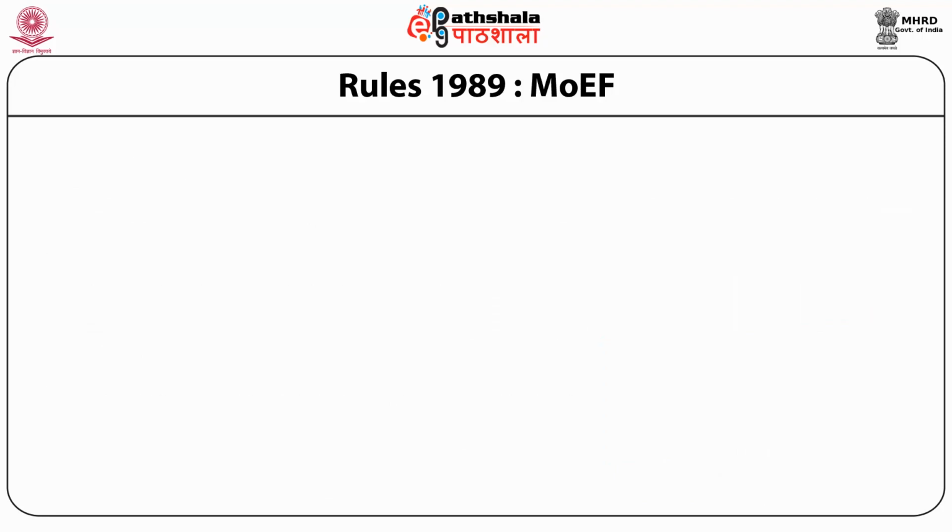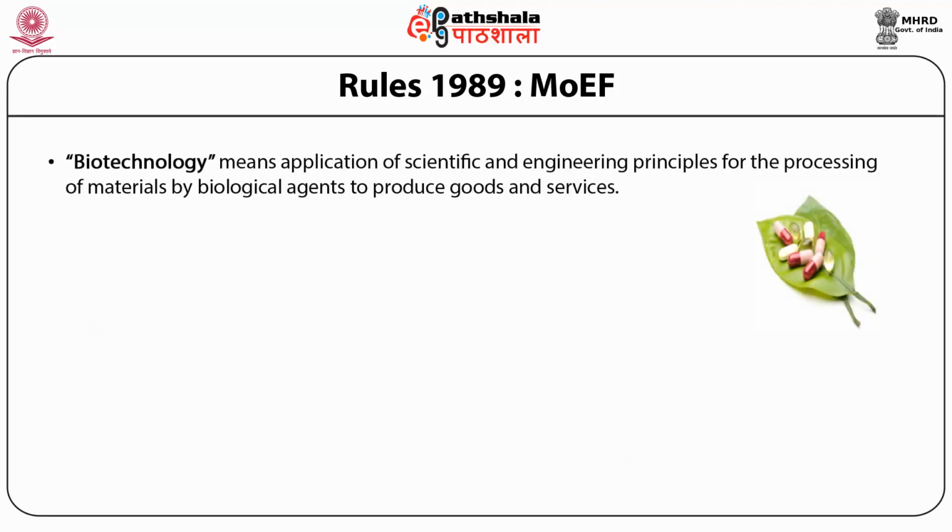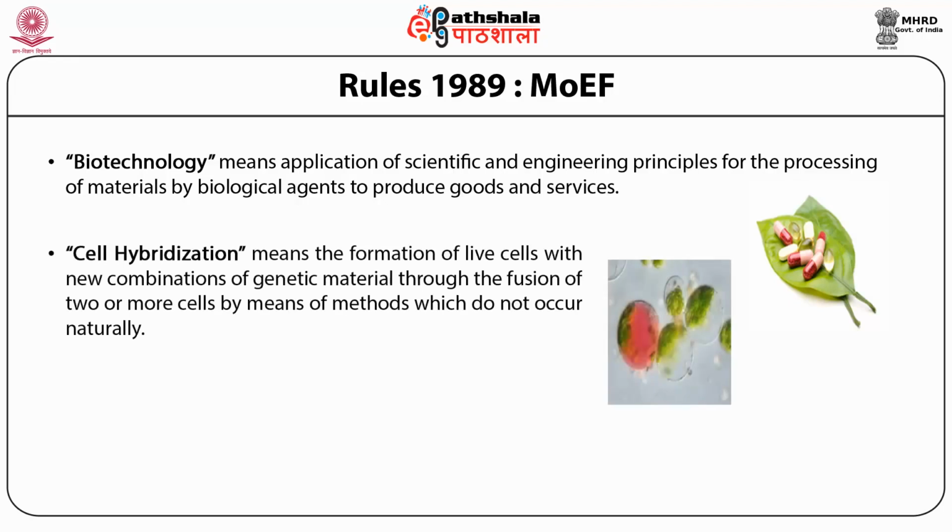Rules 1989 define the term biotechnology as application of scientific and engineering principles for the processing of materials by biological agents to produce goods and services. Cell hybridization has been defined as formation of live cells with new combinations of genetic material through the fusion of 2 or more cells by means of methods which do not occur naturally.